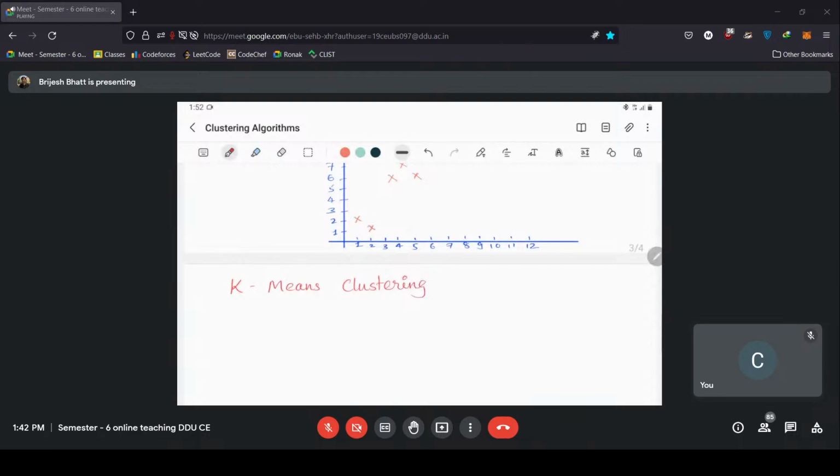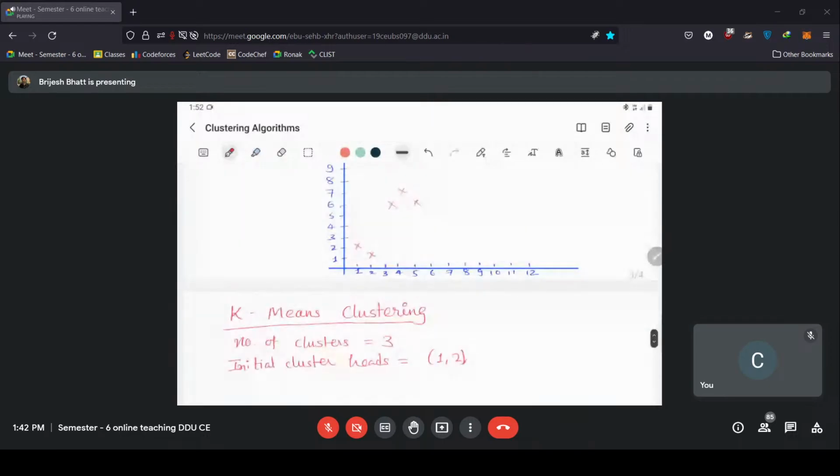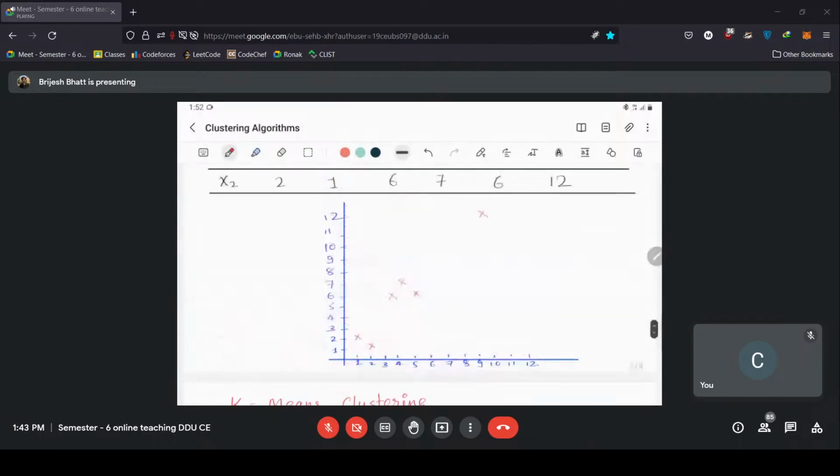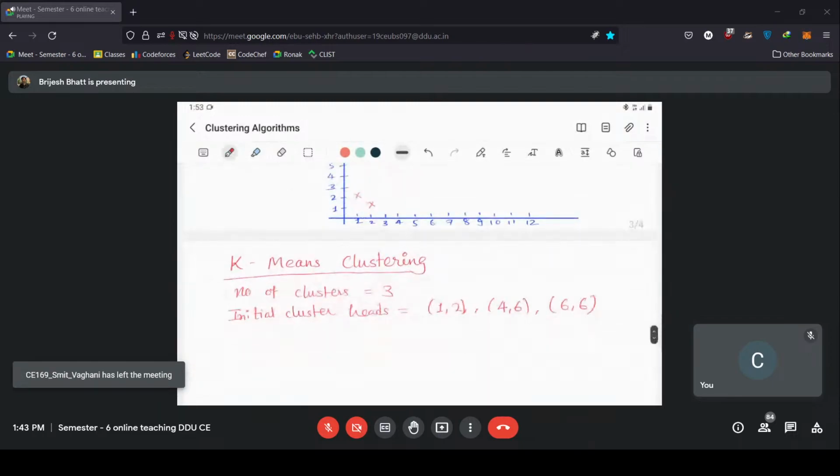So the initial cluster heads are (1, 2), (4, 6), and (6, 6). So let's see how the algorithm works.